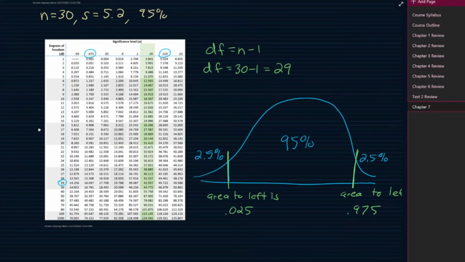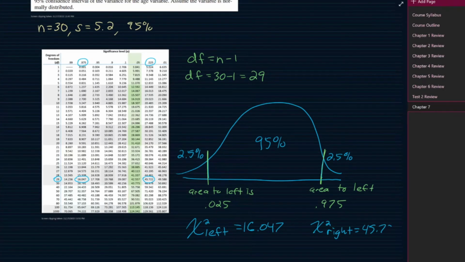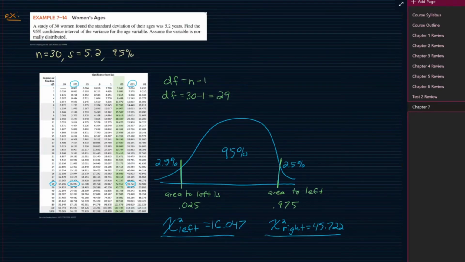The one on the right is the chi-squared right value, in each respective row and column intersection. So in this case, chi-squared left is 16.047, and chi-squared right is 45.722. And that's what we need to put in for our confidence interval formula for variance.